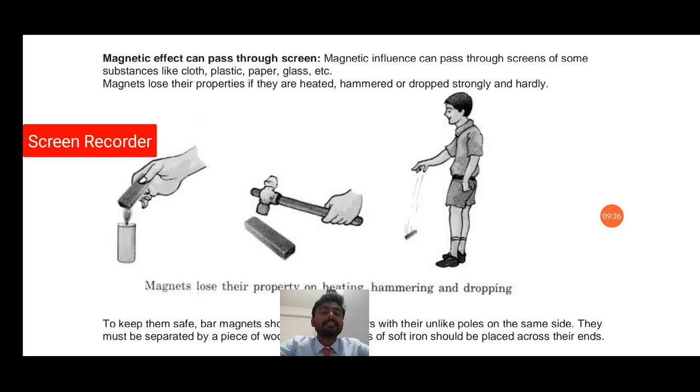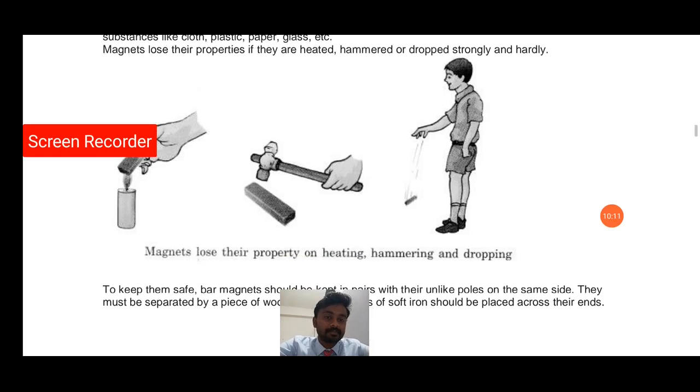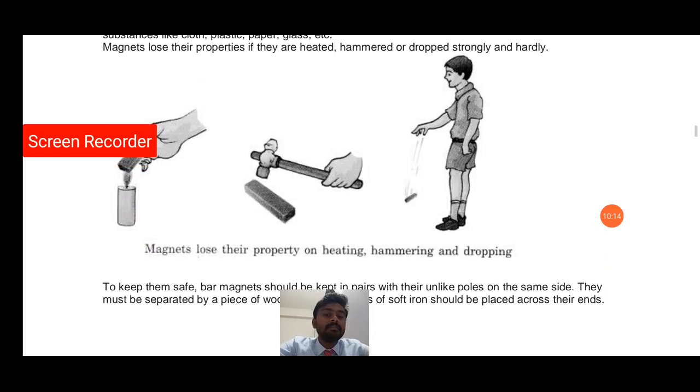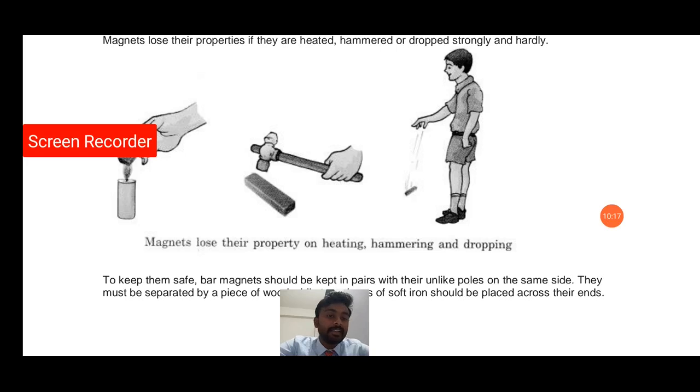Magnets lose their properties if they are heated, hammered, or dropped hard.